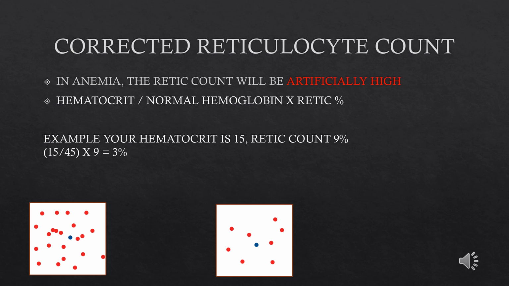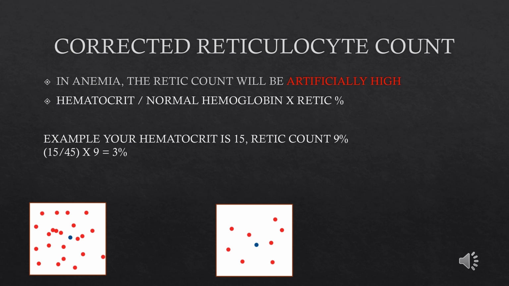For example, in this first box, your red blood cell quantity is higher, and you have, say, 2% retic count, while on the other image you have decreased red blood cell quantity, so your reticulocyte count is considered as 9%, since again it's only a percentage of your total red blood cell mass.